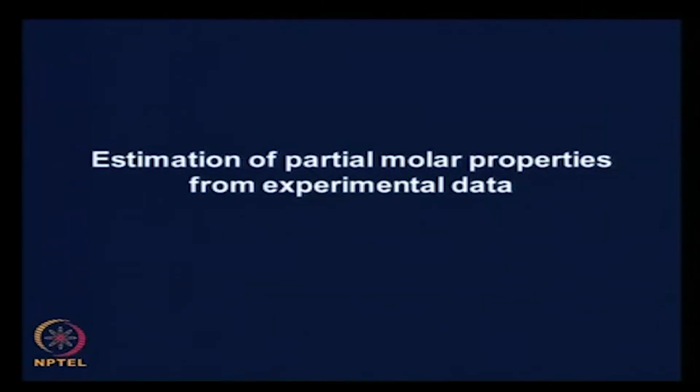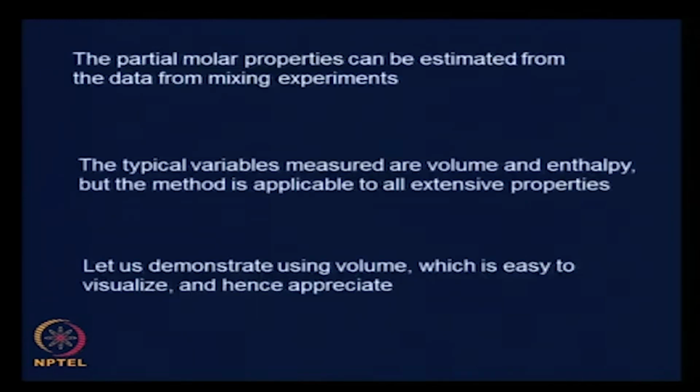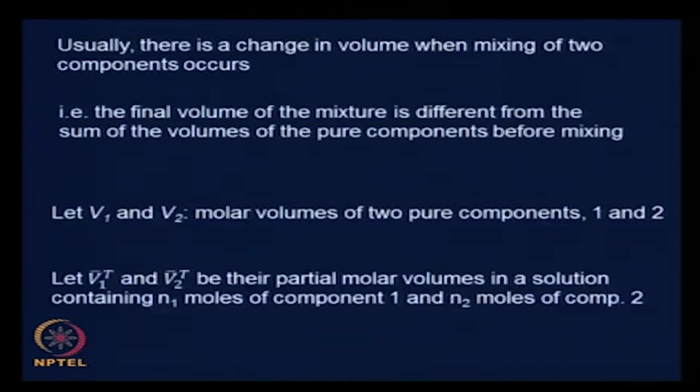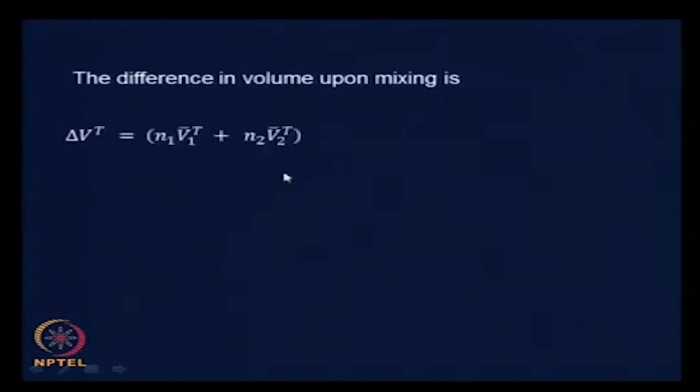For example, if we take volume, since it is easy to imagine, if V1 and V2 are the molar volumes of the pure components 1 and 2, and V1 t hash and V2 t hash are the partial molar volumes in a solution containing n1 moles of component 1 and n2 moles of component 2, then the difference in volume upon mixing, which is what actually is measured and plotted, is n1 V1 t hash plus n2 V2 t hash.